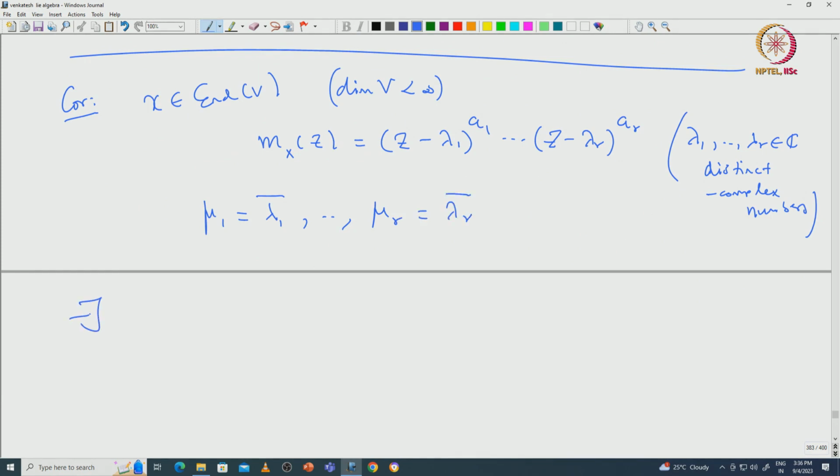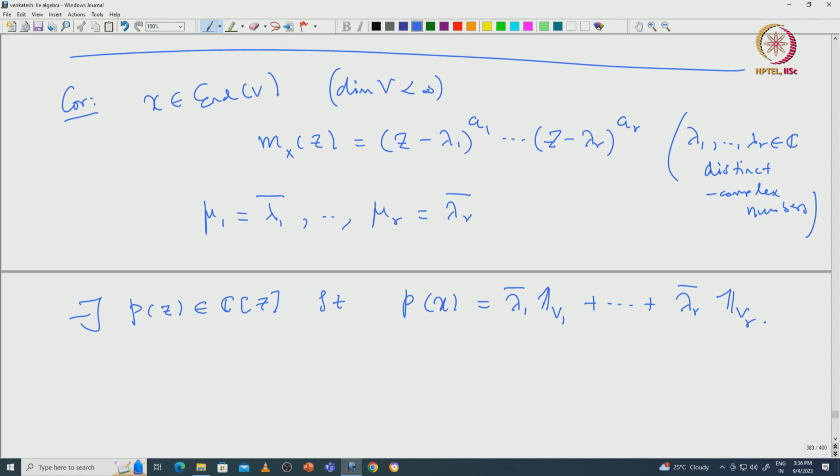Then by the previous argument there exists a polynomial P(z) in C[z] such that P(x) is equal to λ_1 bar identity on V_1 plus etcetera plus λ_r bar identity on V_r.